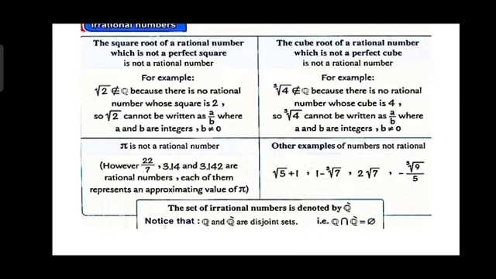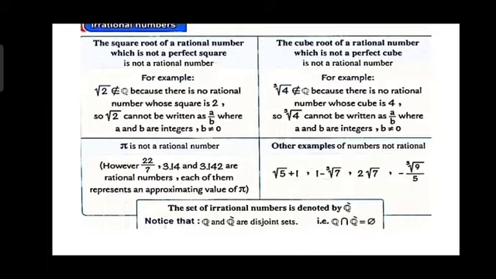Then the cube root of a rational number which is not a perfect cube is an irrational number. For example, the cube root of 4 doesn't belong to the rational numbers because there is no rational number whose cube is 4.